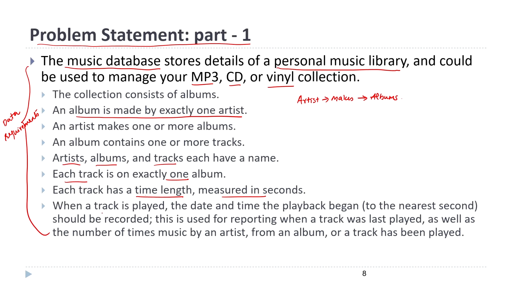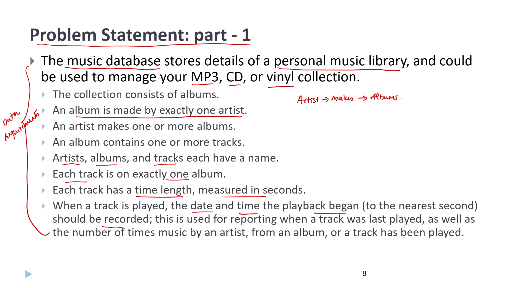And then when a track is played, the date and time the playback began to the nearest second should be recorded. So, you should capture the date and time when the track was played, to the nearest second. That means hours, minutes, seconds, which is used to report when the track was last played.